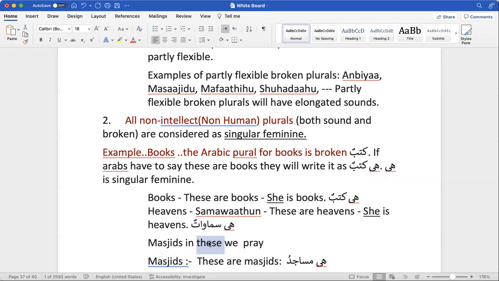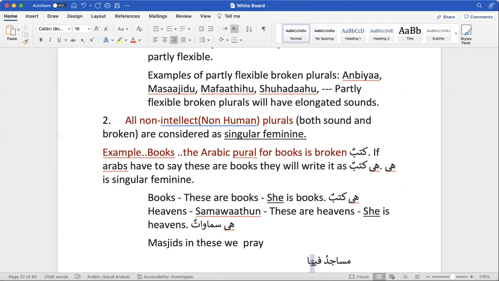So here sometimes in Arabic, when you write this sentence in Arabic, you will write, for example, like this: masajidu, right? Then you will write, for example, here, fiha, in these.